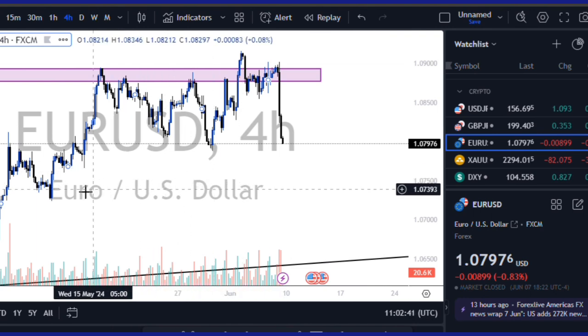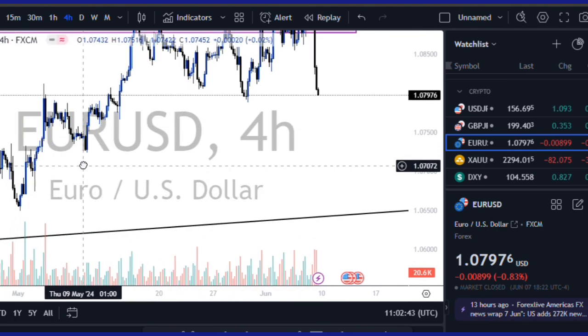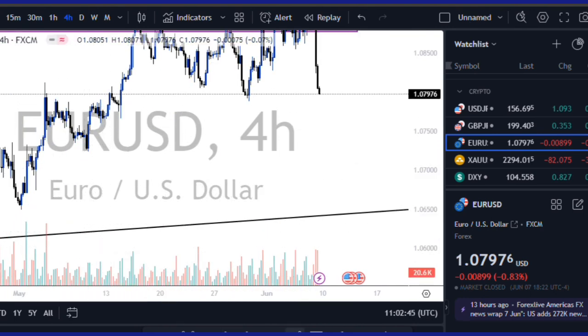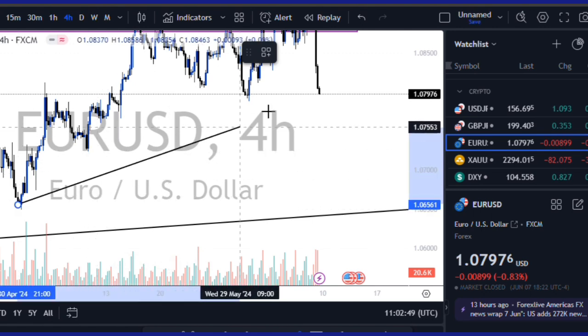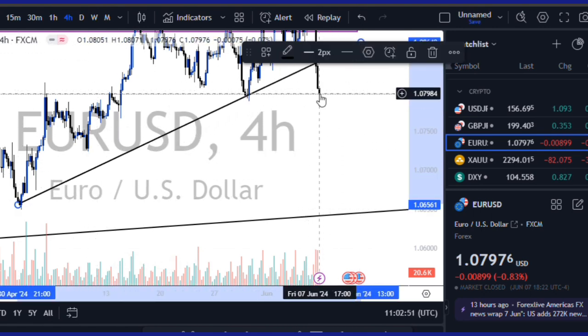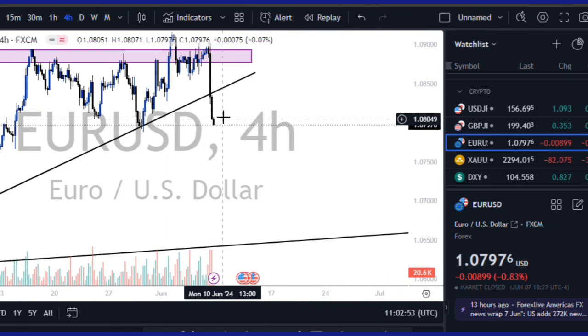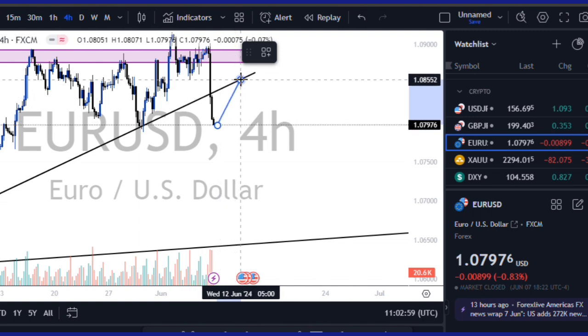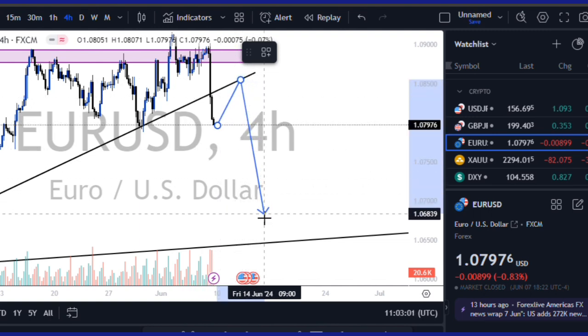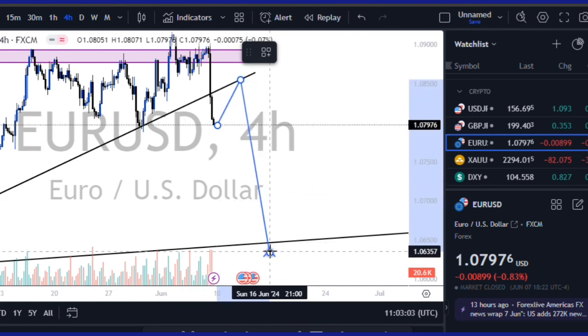There was a trend line here. Of course, we are waiting for this market to come and retest this trend line. It has broken. We are waiting for it to come and retest the trend line and continue with the sell move.